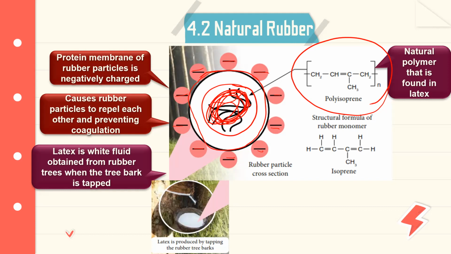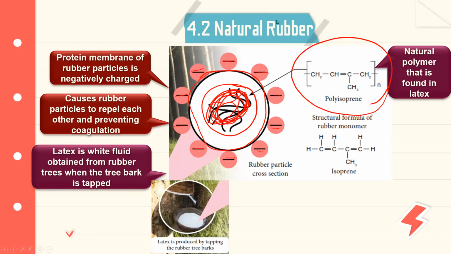So when you go and tap rubber, why doesn't the rubber combine together and coagulate? Coagulate means they are clumped together, or they are combined together. Why does that not happen? Think about it.